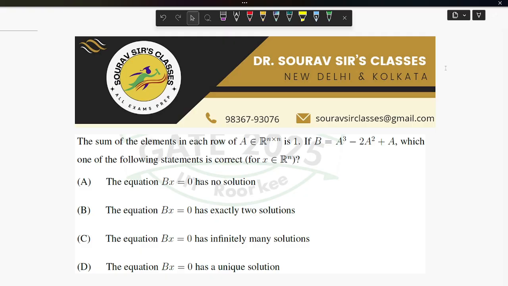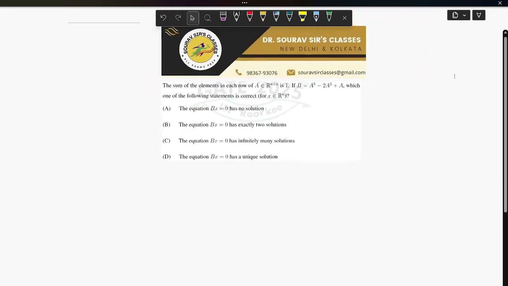Option A says the equation Bx equals 0 has no solution. Option B says the equation Bx equals 0 has exactly two solutions. Option C says the equation Bx equals 0 has infinitely many solutions. And option D says the equation Bx equals 0 has a unique solution. So let us see what we can do from this.